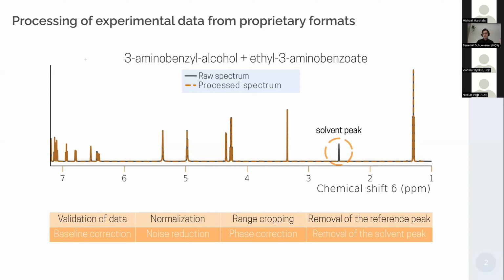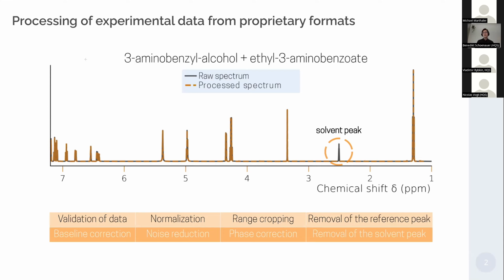There are many different vendors out there, and all of them store their data not just in some text file with frequencies and intensities, but typically in spectrometer-specific data formats that encode the intensity and frequency, but also a lot of other metadata. And we need this metadata in order to do our quantitative analysis.